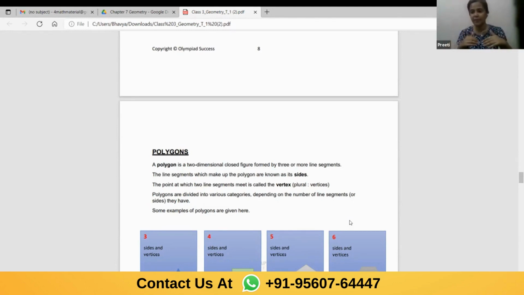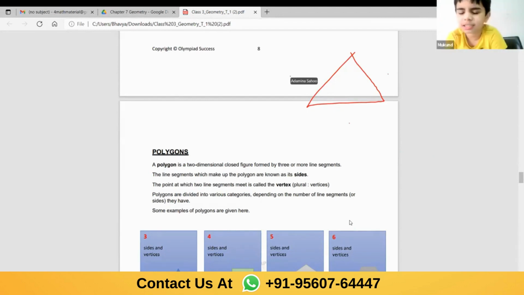And open figures will not be termed as geometrical figures. Till the time it is not closed, the figures are not complete. So I need minimum 3 line segments to complete the figure. And that gives me a triangle. So a polygon is possible with minimum 3 line segments or more than 3. More than 3 we can go, to different shapes.